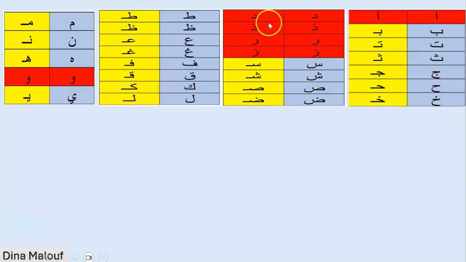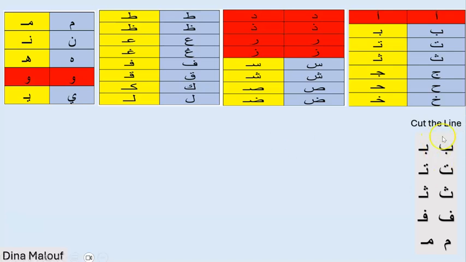These are all the Arabic letters. We have 28 letters. Now let me show you how to remember the forming shape. The first group of letters, I created this rule, cut the line.